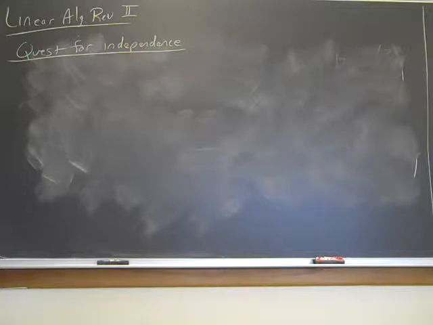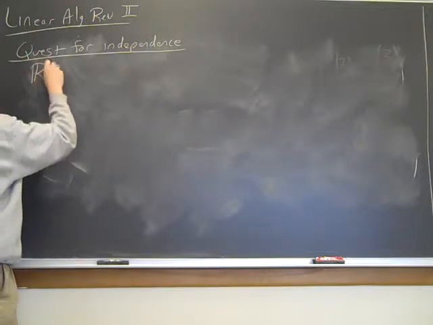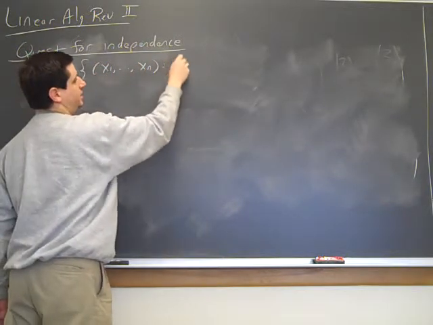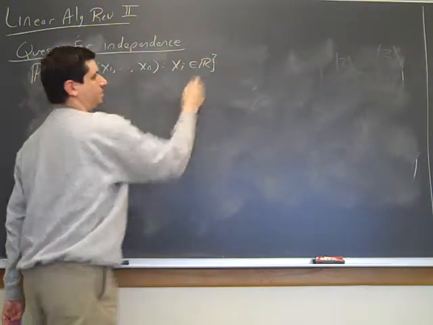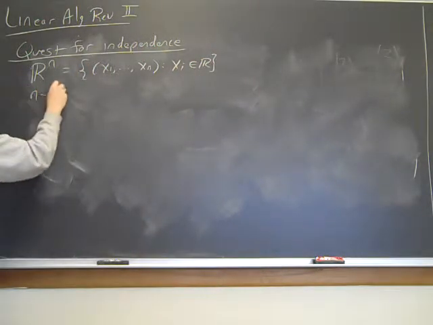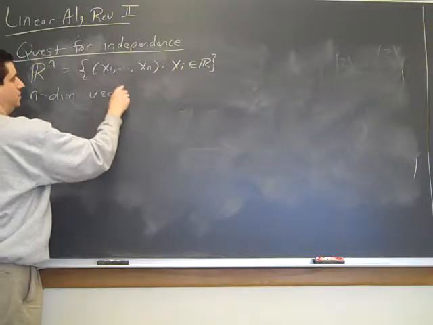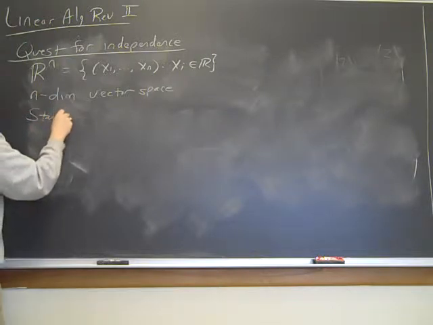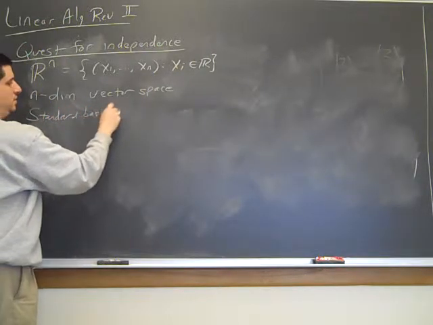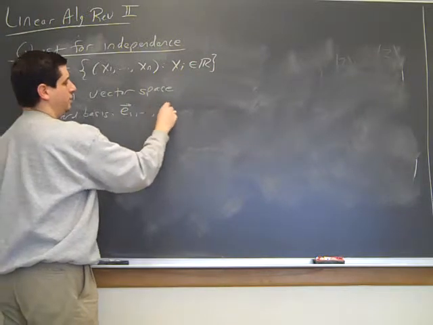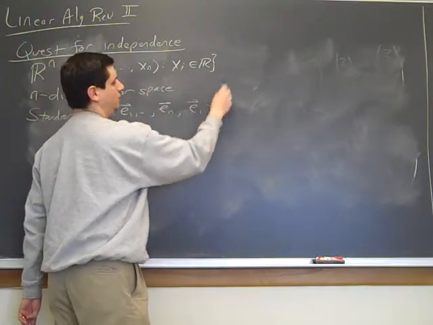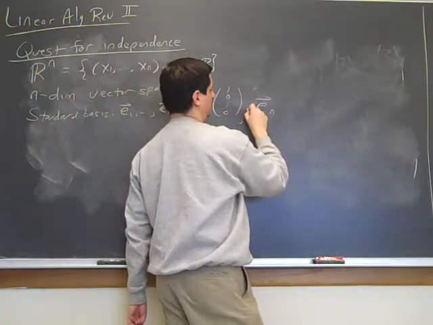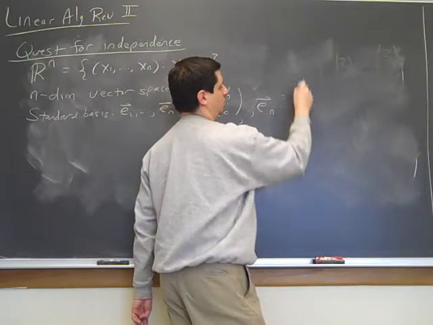And so we're going to assume a few facts from linear algebra. So Rn is the set of all points x1 through xn, each xi is real. This is an n-dimensional vector space. The standard basis is E1 through En, where E1 is 1, and then all zeros, En at the bottom is zeros, and then 1.